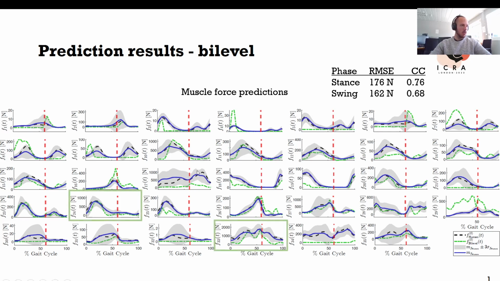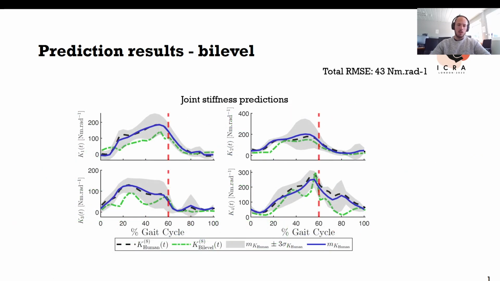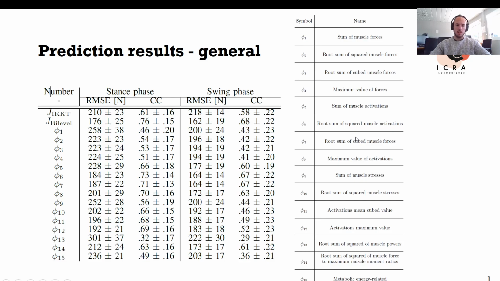In general, large amplitude muscles were well predicted, while low amplitude muscles not as well. The average error and correlation per muscle are in the vicinity of 170 newtons and 0.7. We also predicted joint stiffness, with results that are quite satisfactory. So for more detailed analysis, please see the conclusion of the paper.